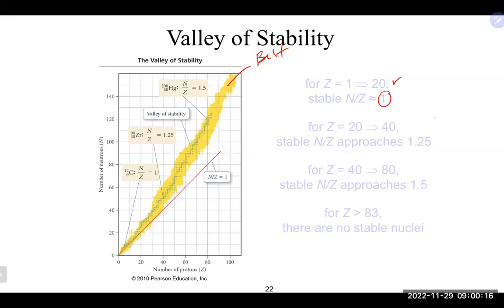From 20 to 40, the ratio goes up to 1.25. From 40 to 80, a ratio of 1.5 is sort of stable. Anything above kind of 84, as we talked about, is pretty much not going to be stable. They're going to be radioactive nuclei and will decay. So you could use these as your cutoffs, kind of 1 through 20, and then 20 through 40, 1.25, 40 through 80, 1.5.